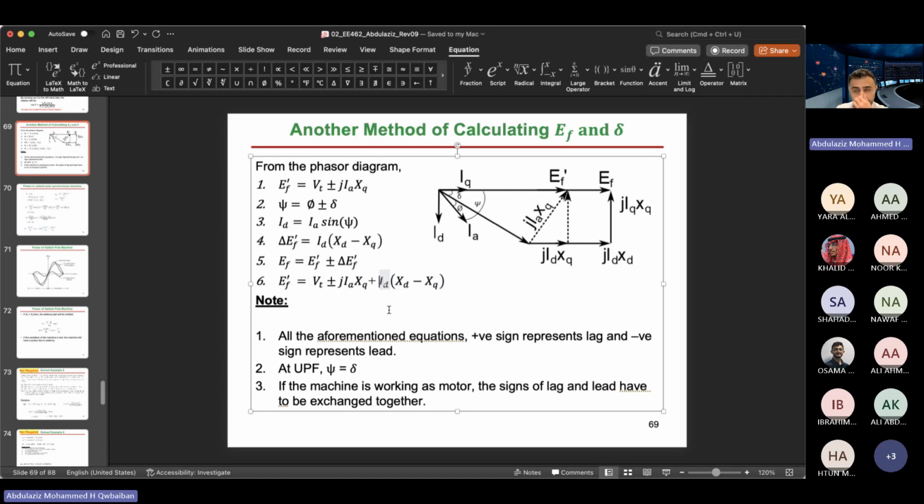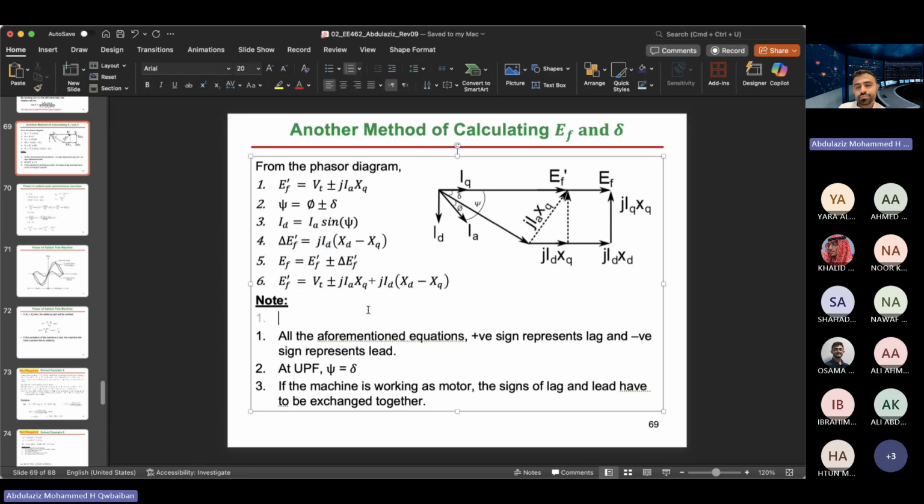Yeah, there should be a j. So it is jIDXD minus jIDXQ, this vector. You should get delta EF. If you combine them, you should get EF.